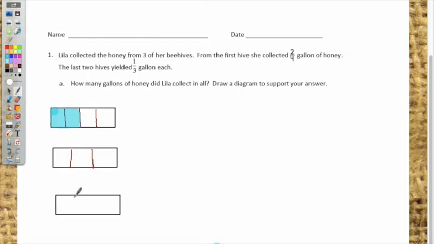What about the last one? It says the last 2 hives yielded 1/3 gallon each. So this one's 1/3. This one's 1/3. This one is 2/4. Okay, that's mostly just organizing our information there.